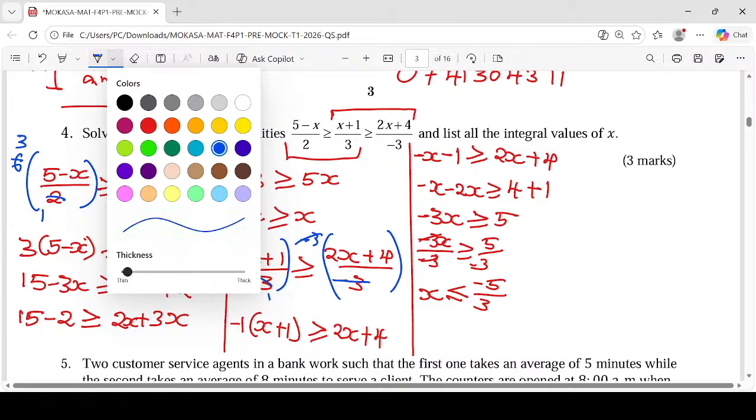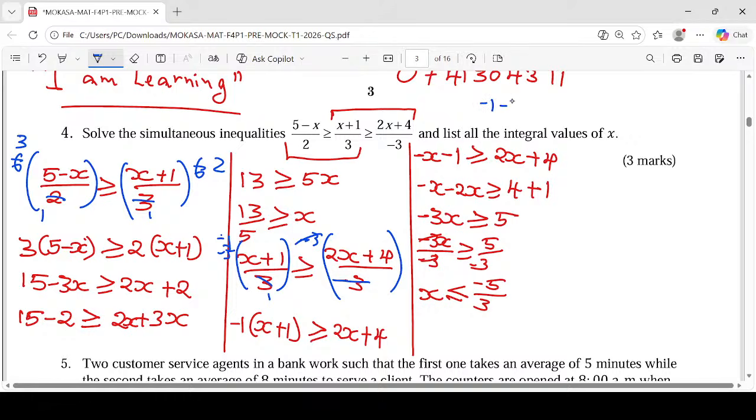If I would have taken this to the other side, I would have had negative 1 minus 3 being greater than or equal to 2x, now this would have been plus 3. This would have been now negative 4 being greater than or equal to 2x plus x.